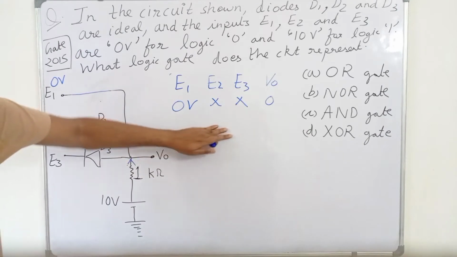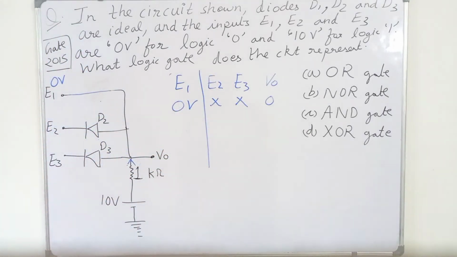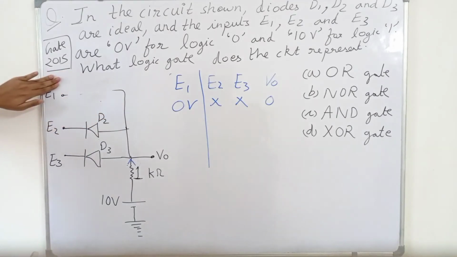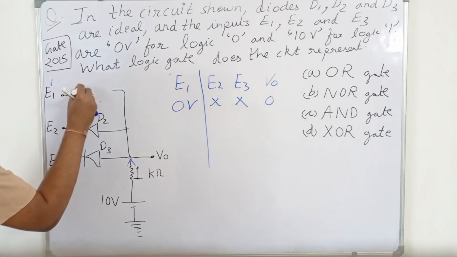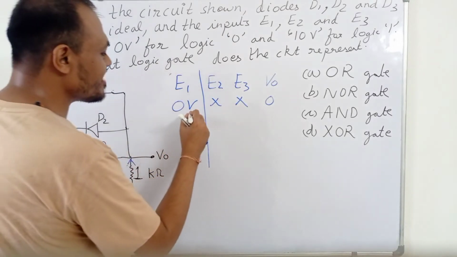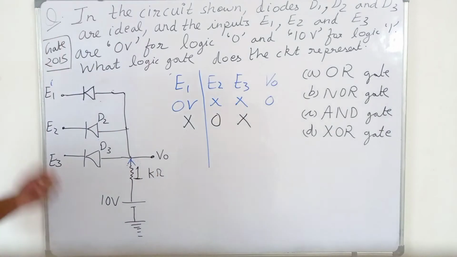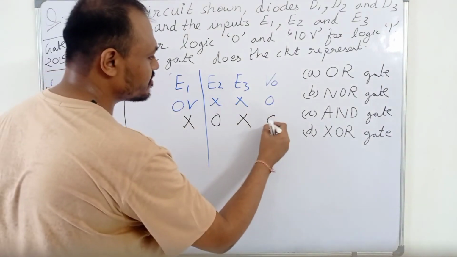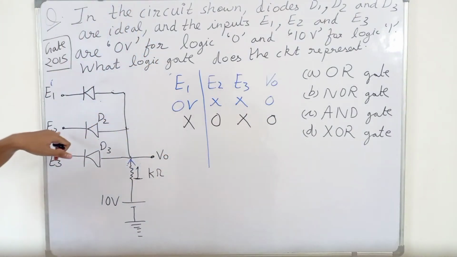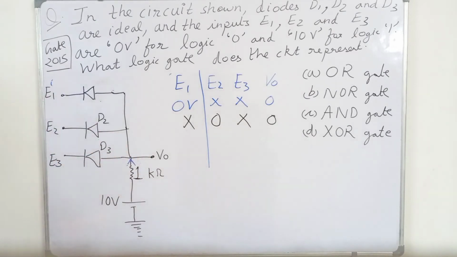Similarly, let me redraw this diode. Now, in the second case, E1 can be any value, E2 is 0 volt, and E3 can be any value. Again, V0 will be equal to 0 volt, because in this case this diode will be forward biased.